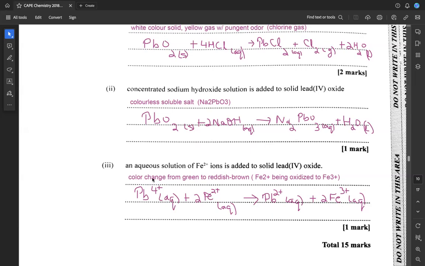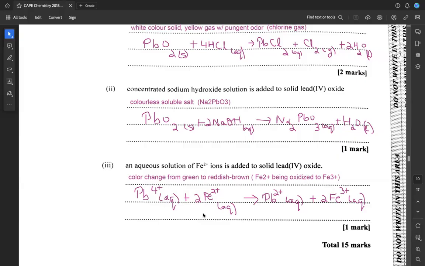And in this case in particular, for this final one, for part 3, what I would say is be sure that you are able to do this kind of analysis using standard electrode potentials as well. So you know to look at the value of standard electrode potentials to determine if a reaction is feasible or not. So they might ask, would the lead be able to oxidize the iron?